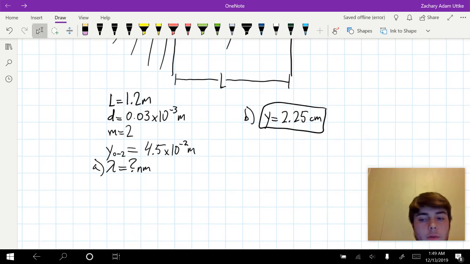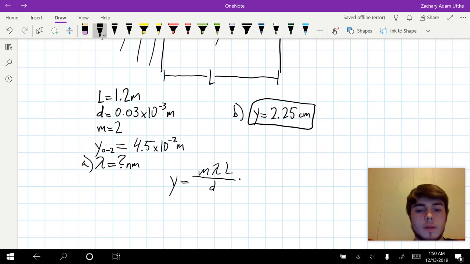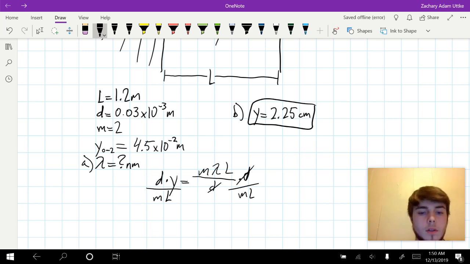So there are various equations that we could use, but let's use this one, where y equals m lambda L divided by d. Okay, in the case that we're looking for wavelength, let's rearrange this.